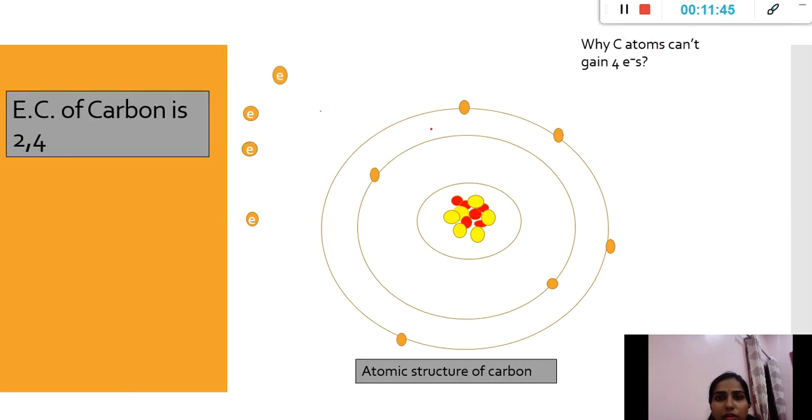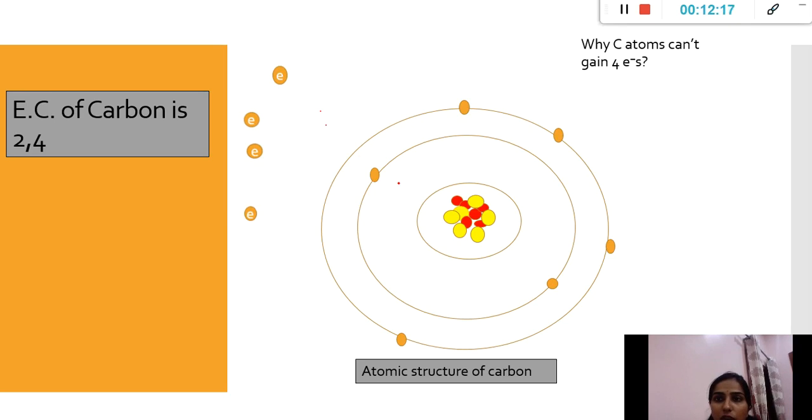Here is the atomic structure of carbon, and here are the 4 electrons which are trying to enter the outermost shell of the carbon. See, they were trying to enter the outermost shell of the carbon, but they failed in their attempt.